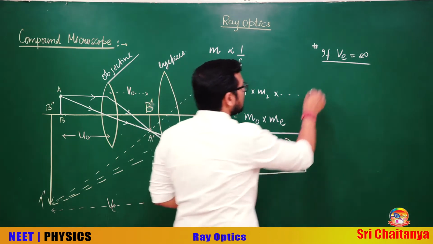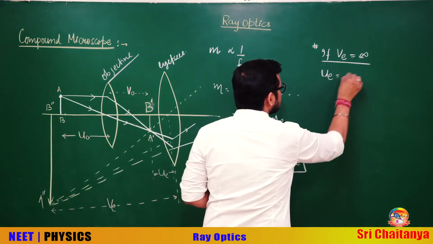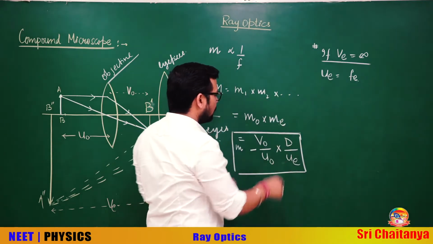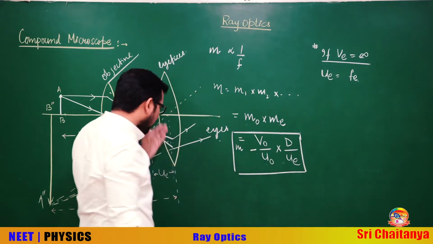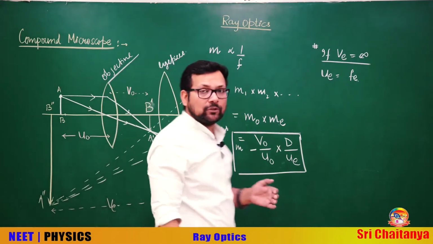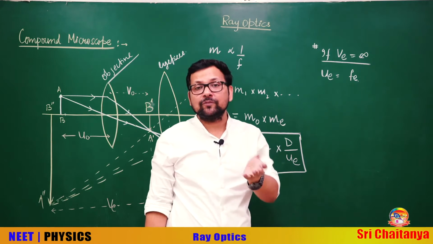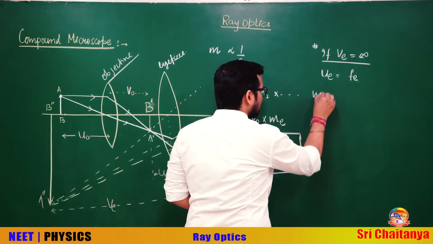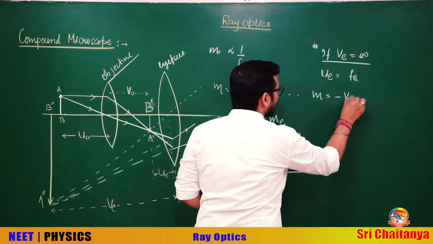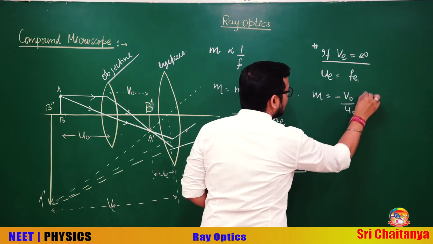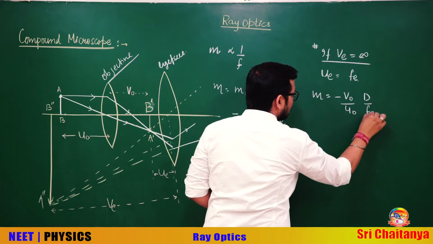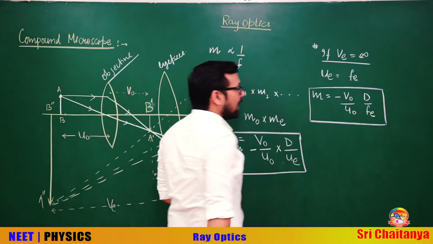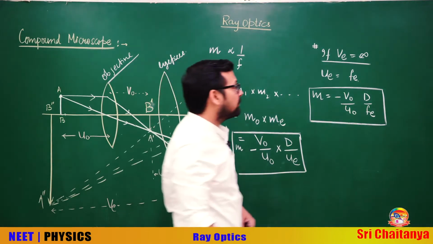In that case, you write UE as the focal length, and consider the eyepiece as a simple microscope. You can directly put the formula of the simple microscope in place of ME. So, in the first case the magnification would be minus V naught by U naught into D by FE. Do remember, the eyepiece is the simple microscope.